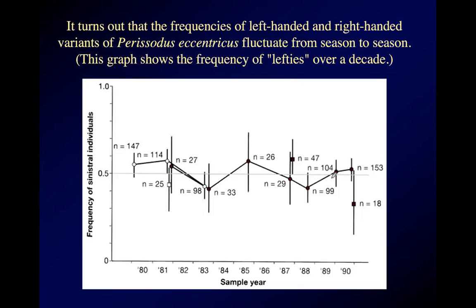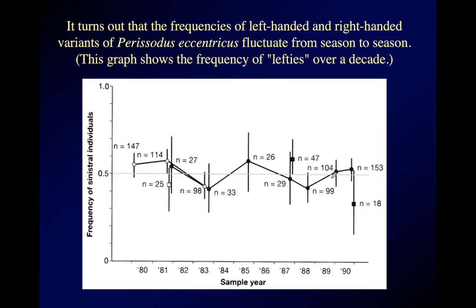Of course, if selection favors a rare phenotype, that means the rare phenotype becomes common. And once the rare phenotype becomes common, selection no longer favors it. So the point here is that selection favors whichever phenotype is least common.